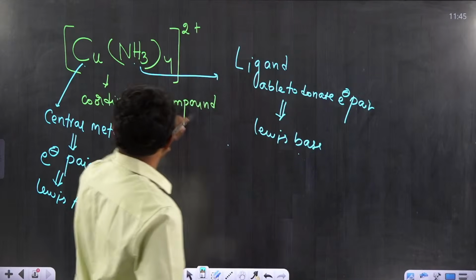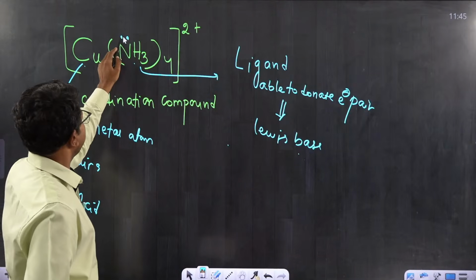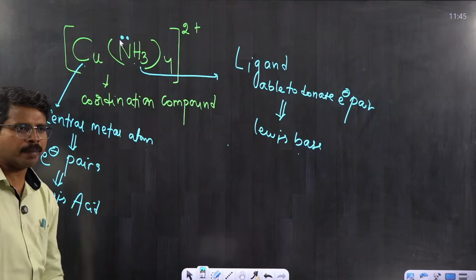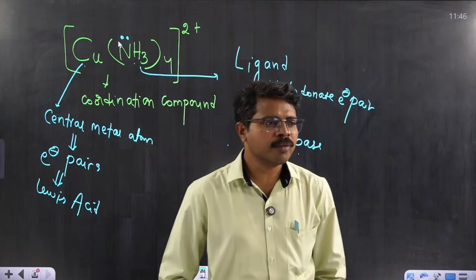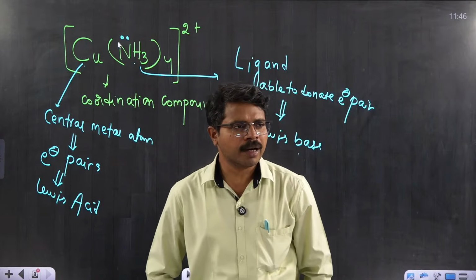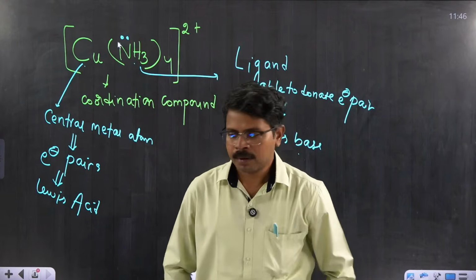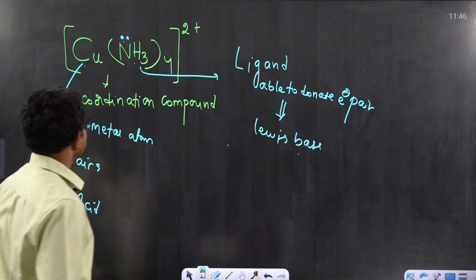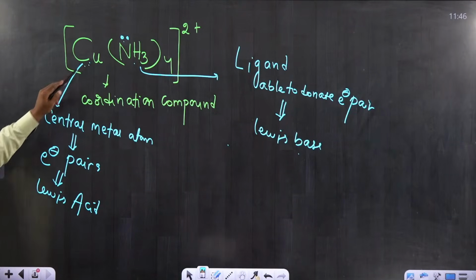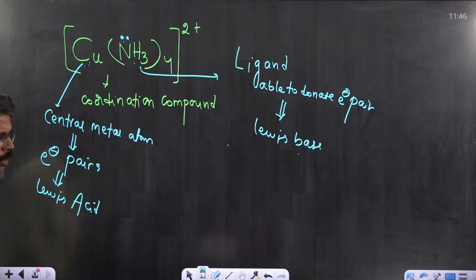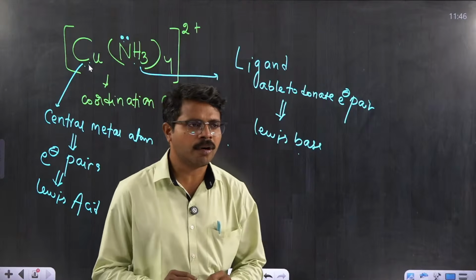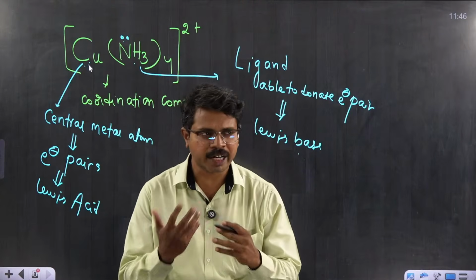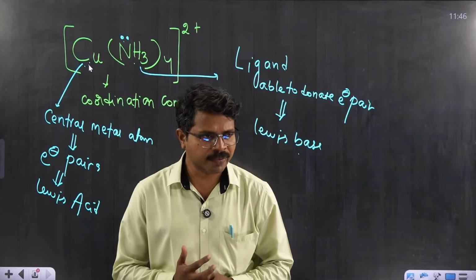Okay. Now as we know, each ammonia has a pair of electrons which is not involved in bonding. The pair of electrons which is not involved in bonding can also be called a lone pair. Since it has a lone pair and the central metal atom has vacant orbitals, the conditions required to form a coordinate covalent bond are satisfied.